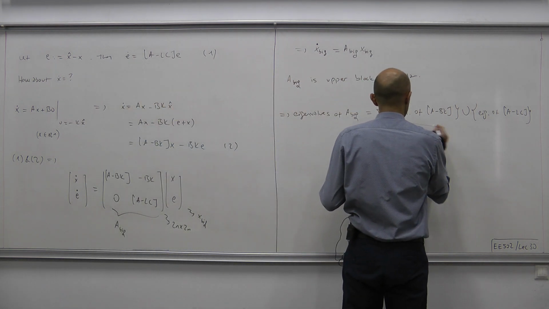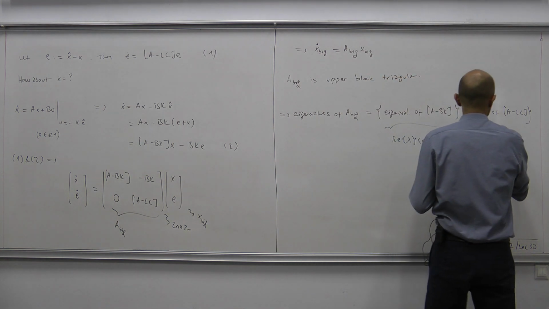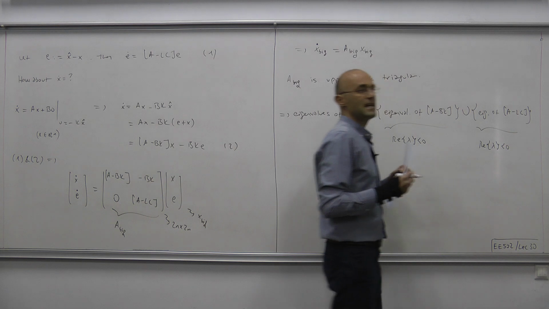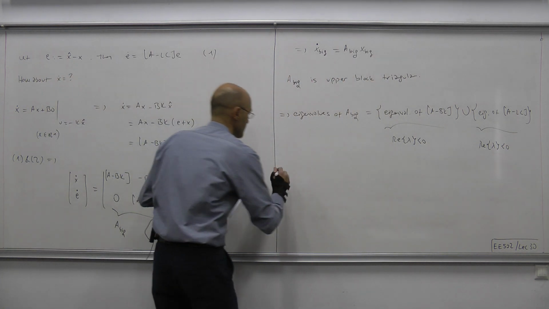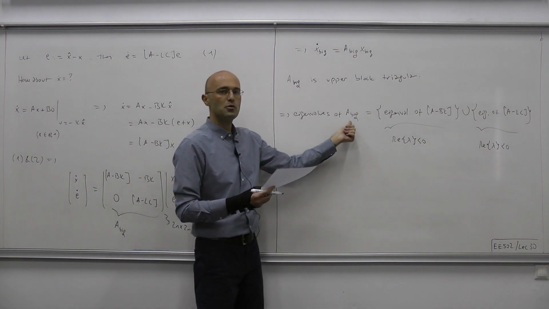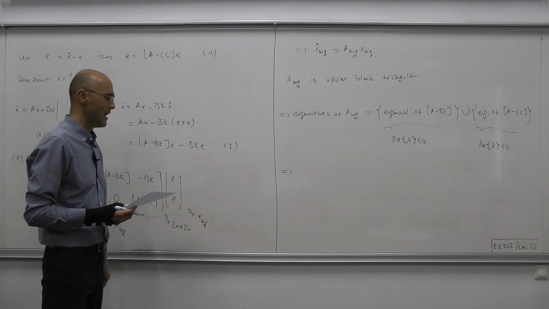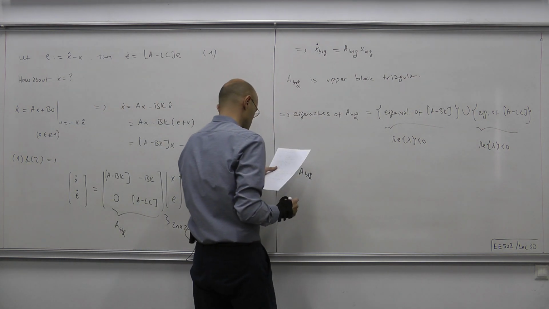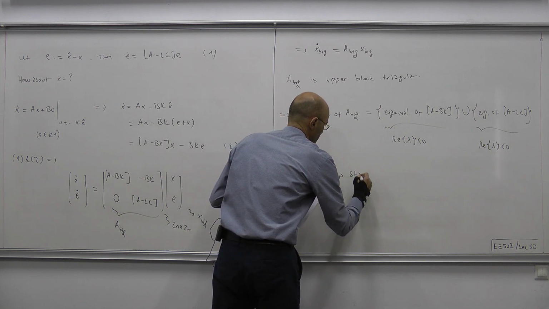So here we have all the real parts strictly negative, and here again all strictly negative. As a result, all the eigenvalues of A big are in the open left half plane, and that means our 2n by 2n matrix is exponentially stable.